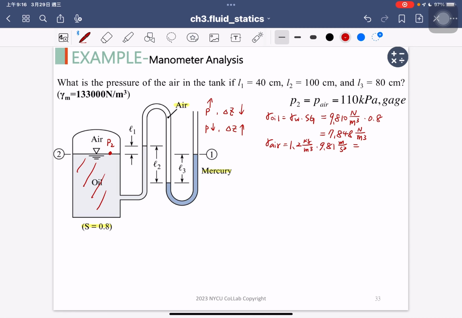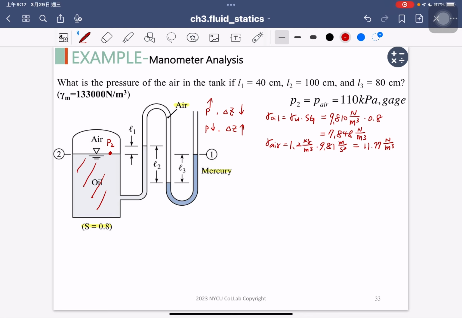I used a calculator and got around 1.77 newtons per meter cubed. As we mentioned before, gamma air is quite small compared to other liquids.